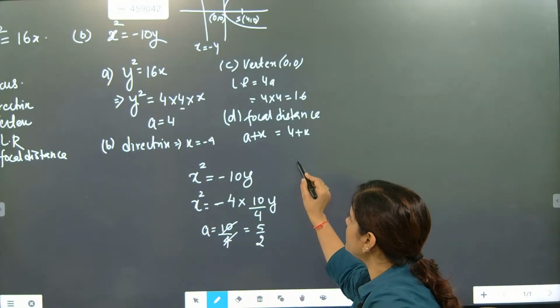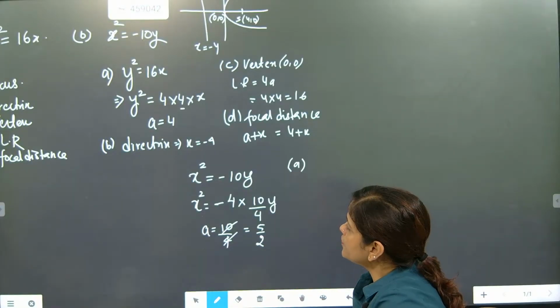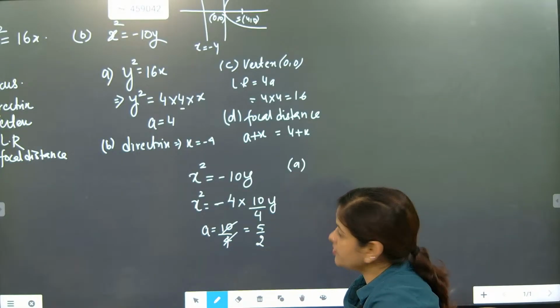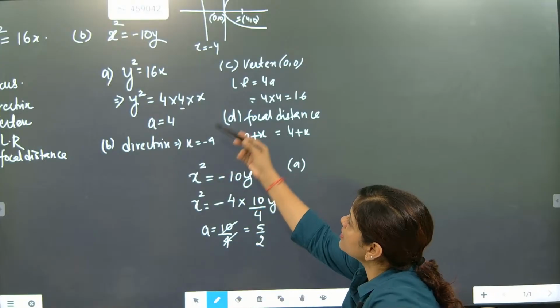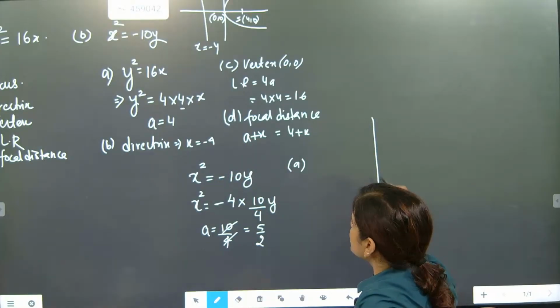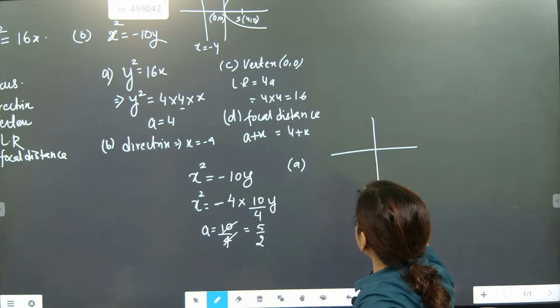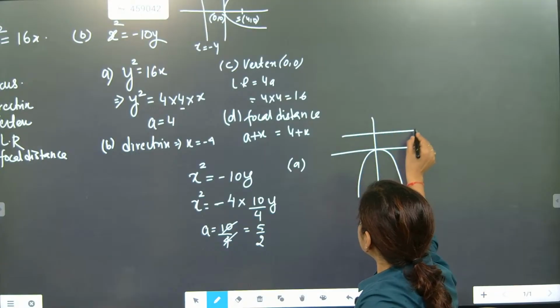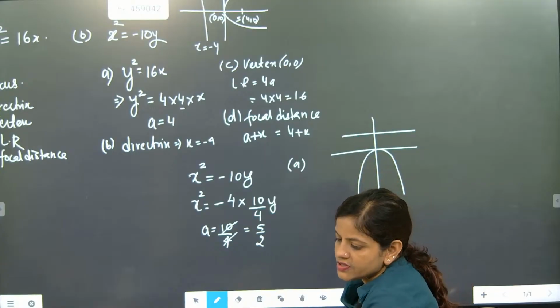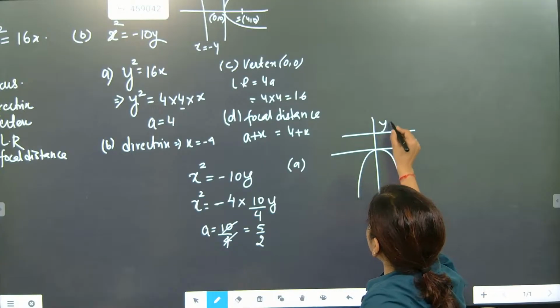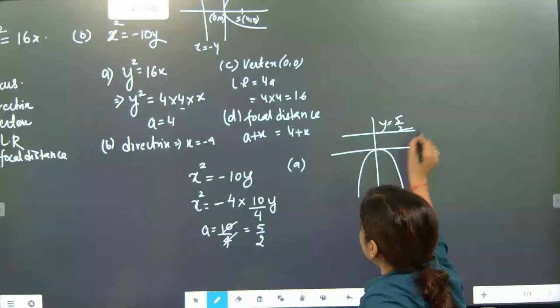Now one by one we will start answering the question. The first part is the equation of the directrix. Since it is minus, we will draw it now, as drawing will clarify our content. Here it is coming as this part, and this is exactly the directrix equation. The directrix line is y equal to 5 by 2.